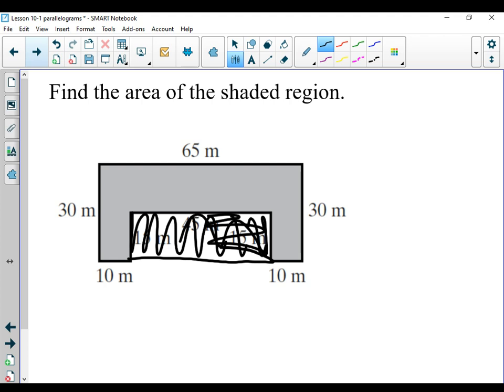What if it was just a solid gray/black rectangle? Then neither of those times are good. It's just 65. Okay, so my big rectangle would be just 65 times 30, right?